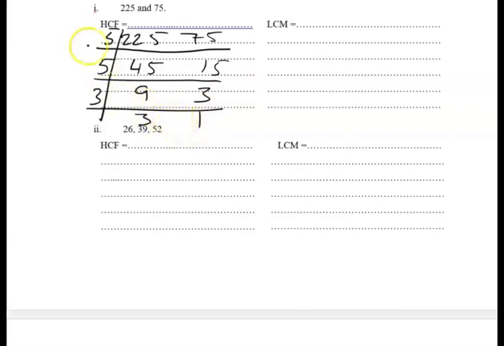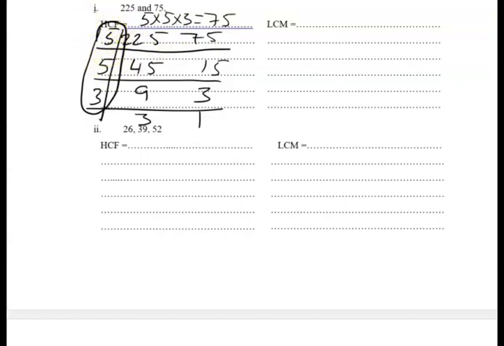Now the HCF is going to be every single number in this column here multiplied. So we're going to have 5 times 5 times 3, and that's going to give us 75. So the HCF will equal 75. Now the LCM is going to be these numbers here.